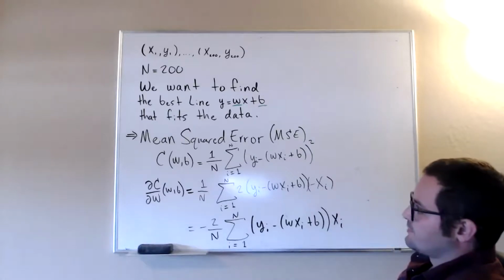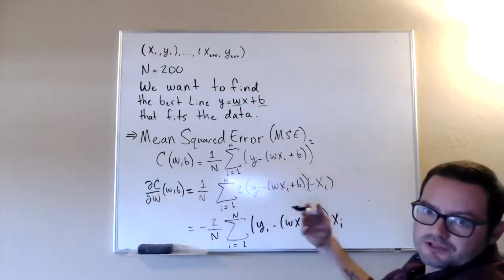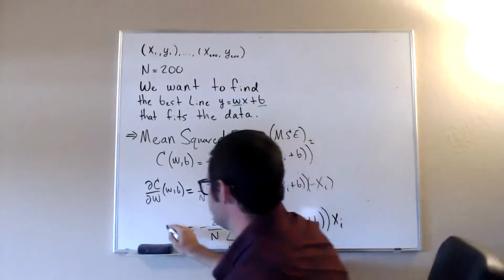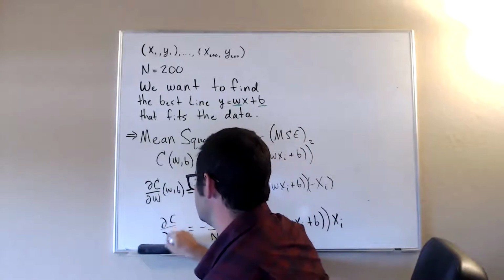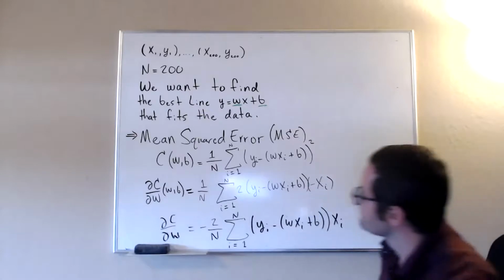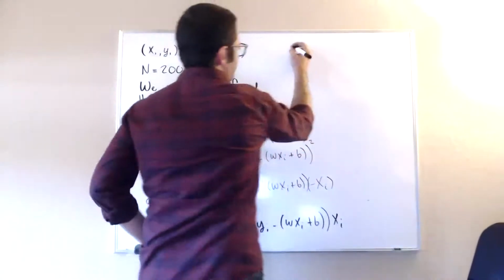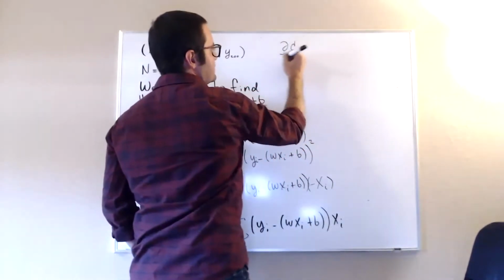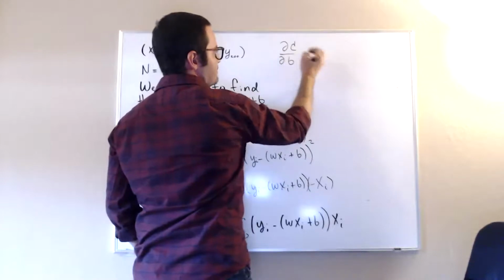Okay, so that's the partial derivative of this cost function, which we want to minimize, with respect to w. So this is del C, del w. Okay? And then if we look at the partial derivative of C with respect to b, right?